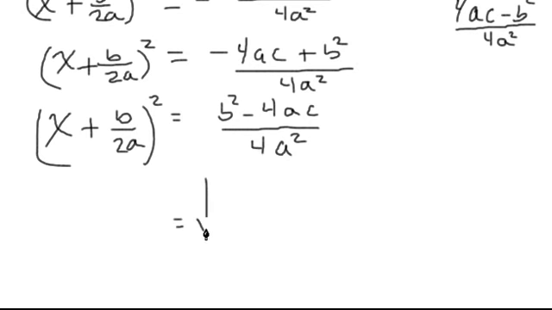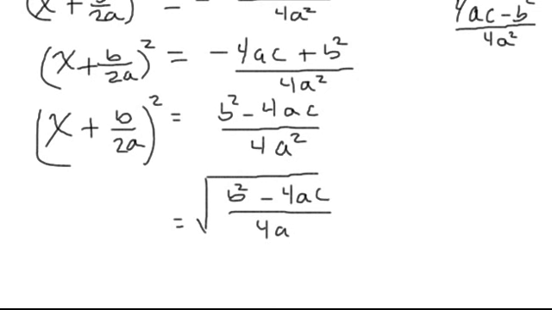So we're going to have the square root of b squared minus 4ac over 4a squared. And of course, if I square root this side here, the 2 goes away, so we're just left with x plus b over 2a.